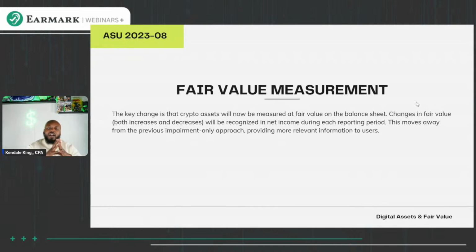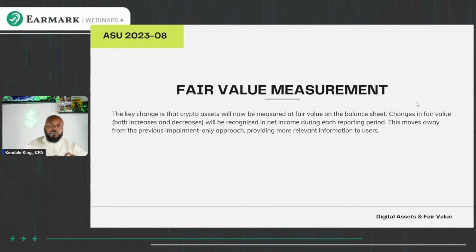All right. How is it now measured? The key change in the crypto assets is that they will be measured at fair value, which aligns a lot more with what the space saw, and what makes more sense with what's going on. Both the increases and decreases will be recognized in net income during each reporting period.